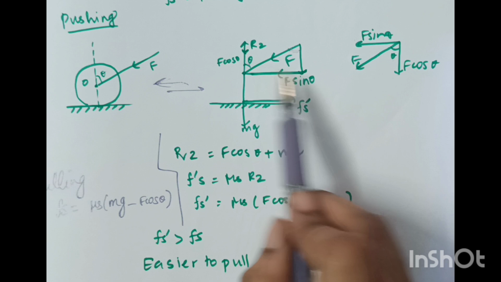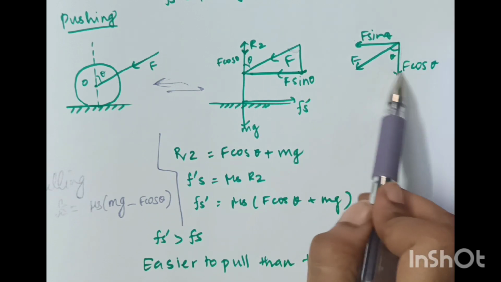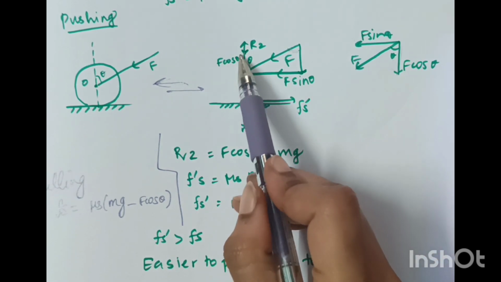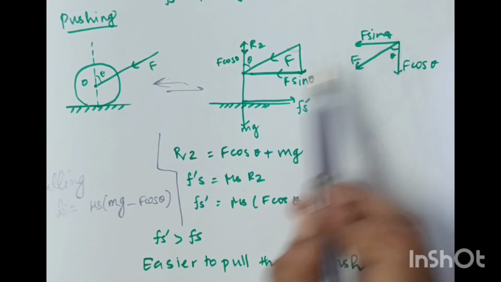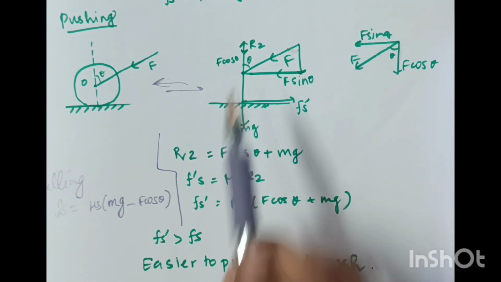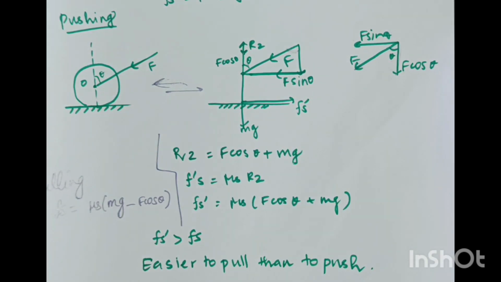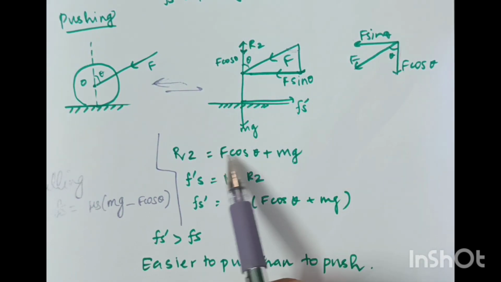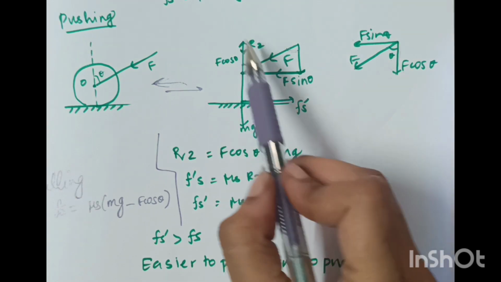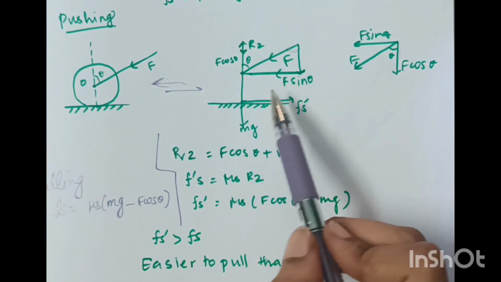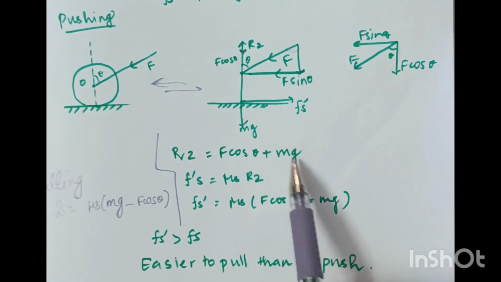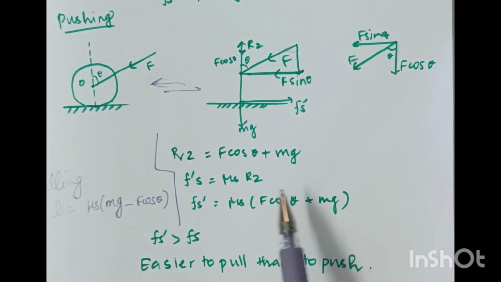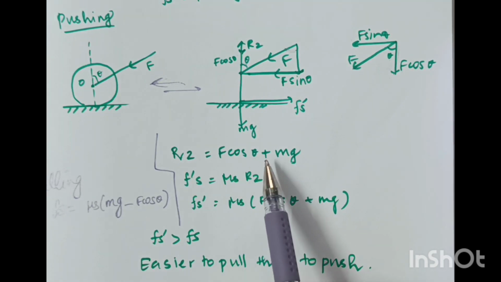This F cos theta I have represented here with an arrow downwards, and this F sin theta I have represented here. That is how we are resolving it into components. Now let us frame the equations. R2 equals F cos theta plus mg. Why? Because R2 is the only one acting vertically upwards. F cos theta and mg are acting downwards, and these forces balance each other. So R2 equals F cos theta plus mg.